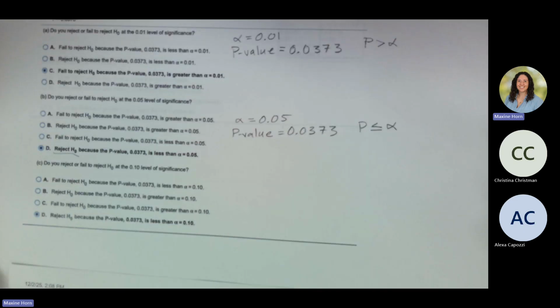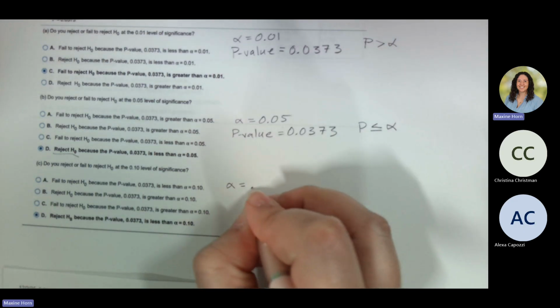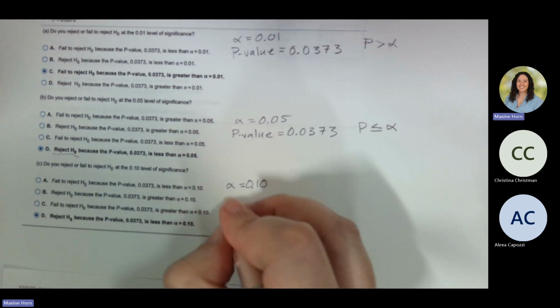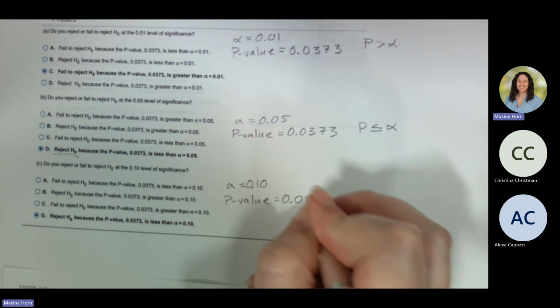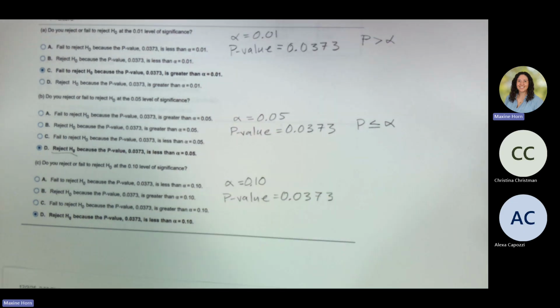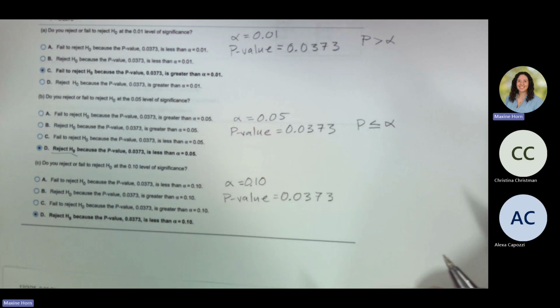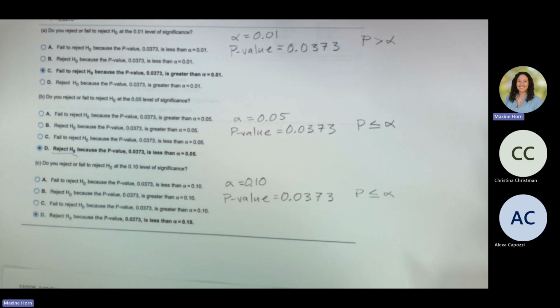In the last situation, we have an alpha of 0.10 or 0.1. Again, our p-value hasn't changed. That's still 0.0373. So about 3%, well, 4% if we're rounding, is less than or equal to 0.10 or 10%.